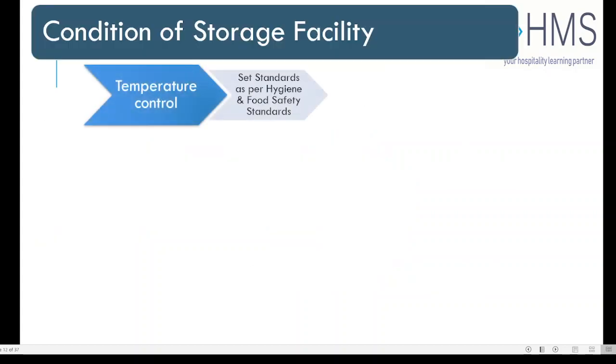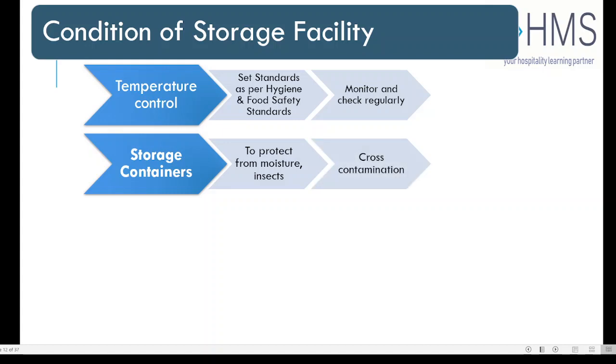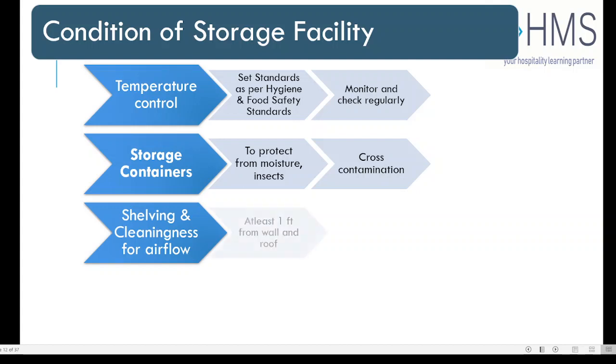Normally, for the condition of the storage facility, there has to be hygiene and safety standards, and they have to be checked regularly. Then there are storage containers, so there are standards, like whether you are going to use plastic. There should not be any cardboard or styrofoam, to avoid cross contamination.